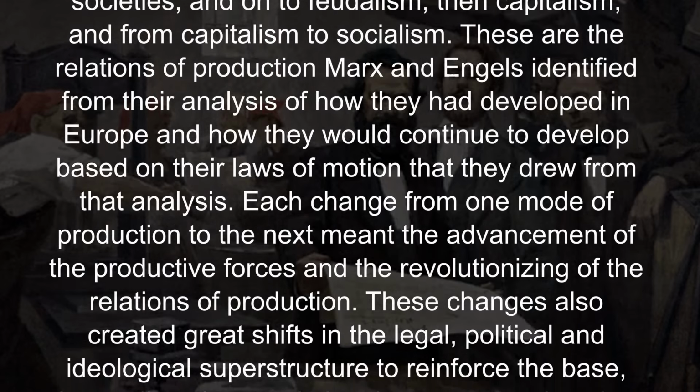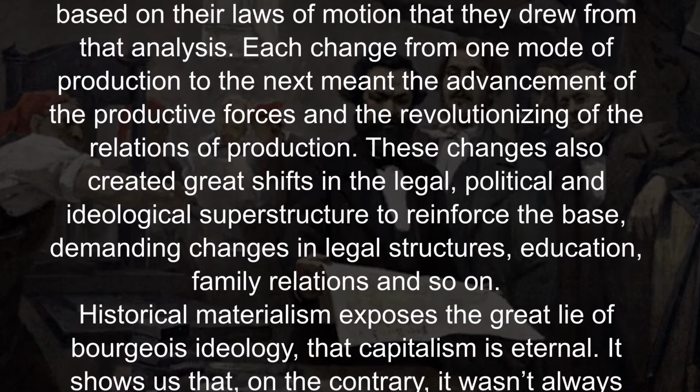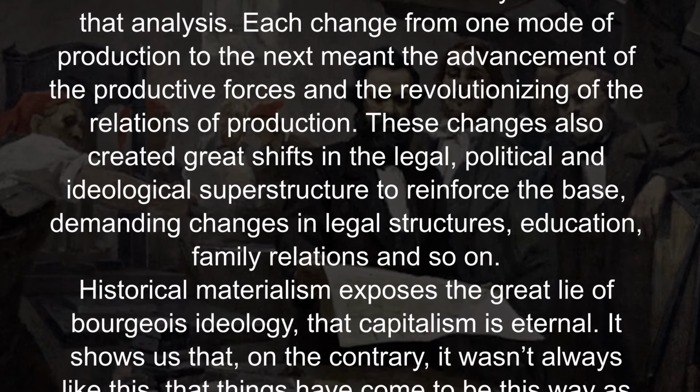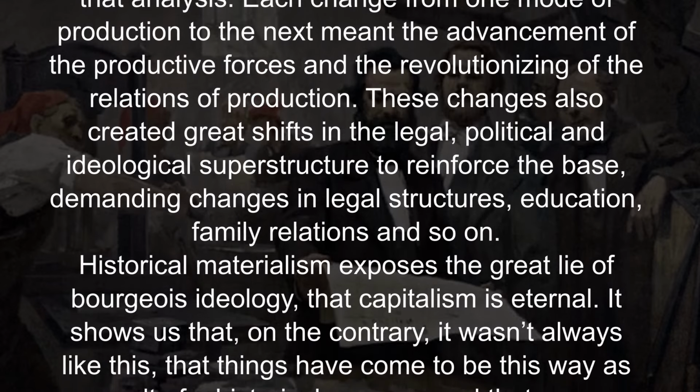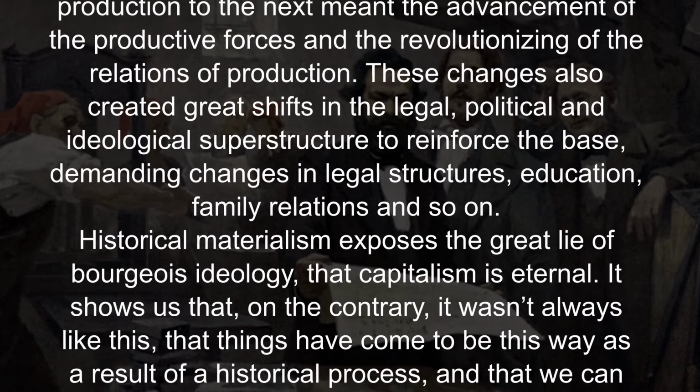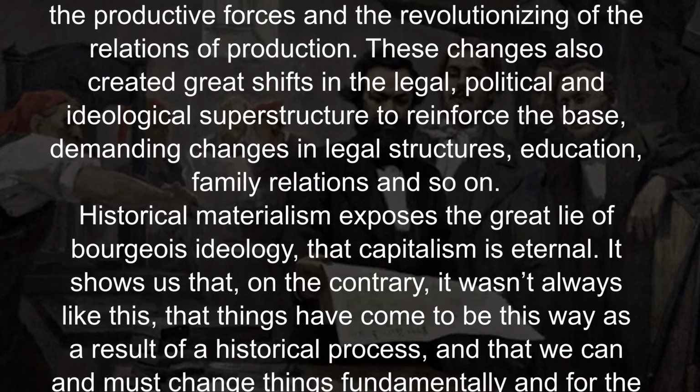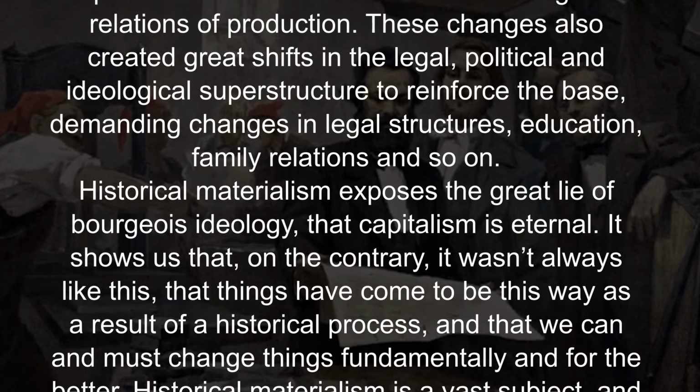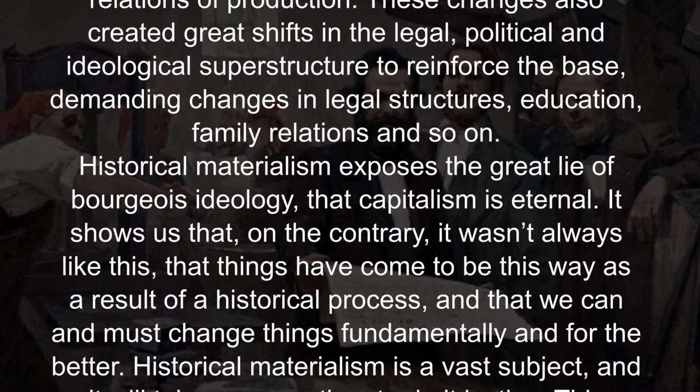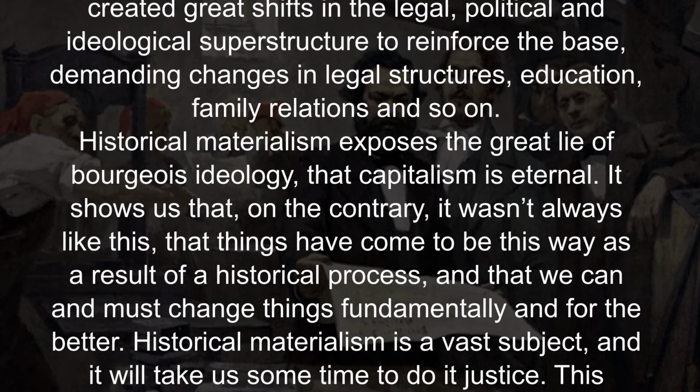Each change from one mode of production to the next meant the advancement of the productive forces and the revolutionizing of the relations of production. These changes also created great shifts in the legal, political, and ideological superstructure to reinforce the base, demanding changes in legal structures, education, family relations, and so on.